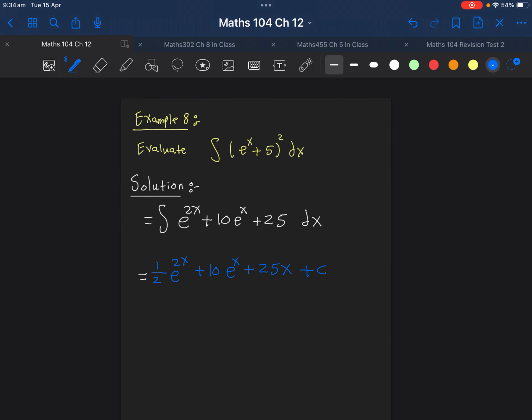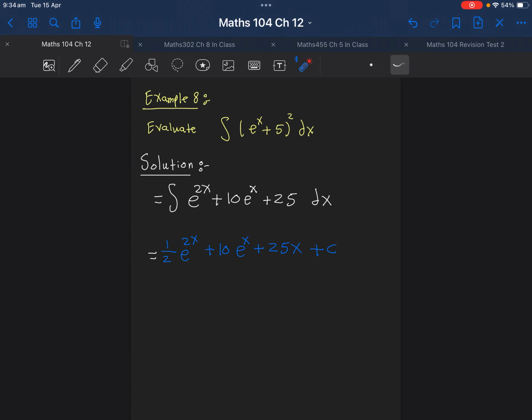And that's the answer for this question. So just to remind you what I did: first step, I expand the square, and then I integrate each one separately. So here, expand the square, and then integrate each part using the exponential rule.